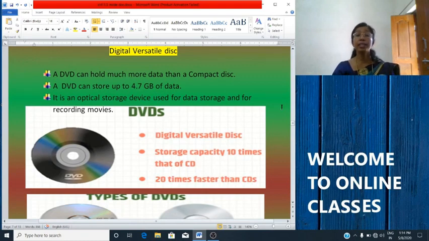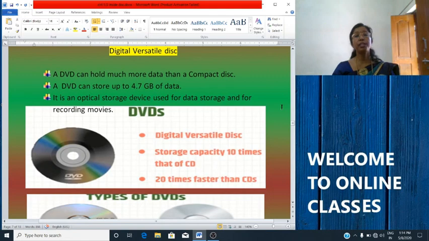A DVD can store up to 4.7 GB of data. So the storage capacity of a DVD is 4.7 GB. It is a silver coated disc with a diameter of 4.45 inch.